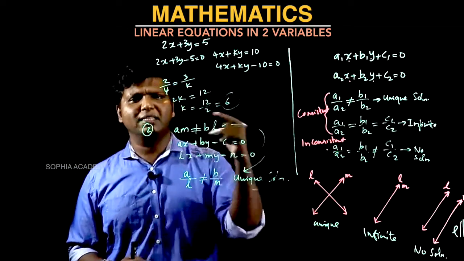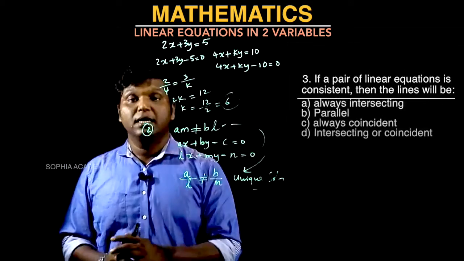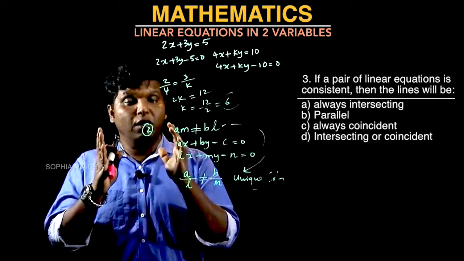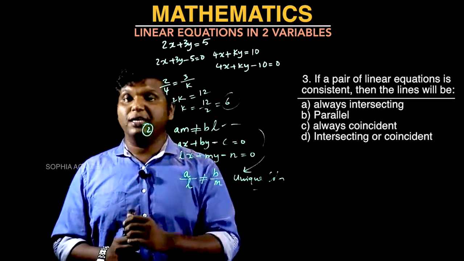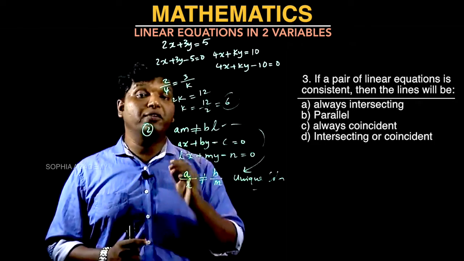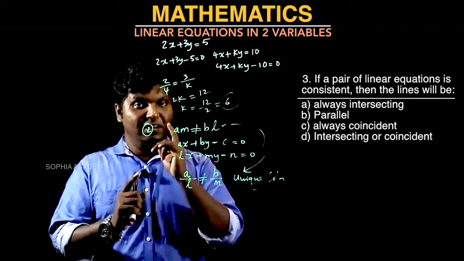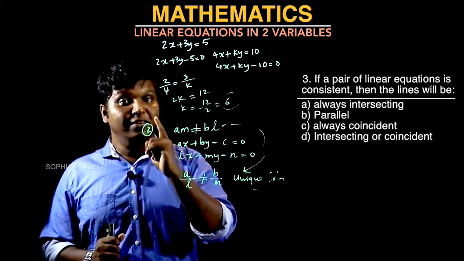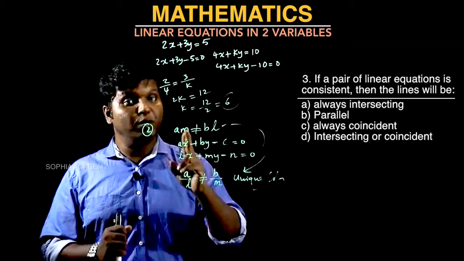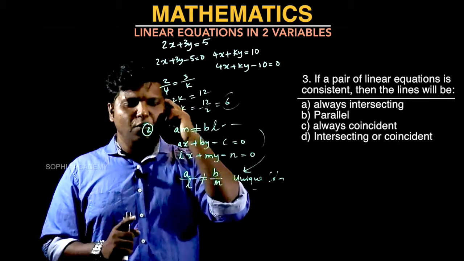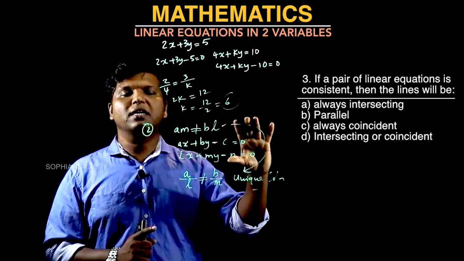Keeping this in your mind, let us jump into the next question, question number 3. It's a statement and we have to watch the statement very carefully. Here goes the statement before you. If a pair of linear equations in two variables is consistent, listen to the word, if those two equations are consistent, what should come to your mind when you hear the word consistent?